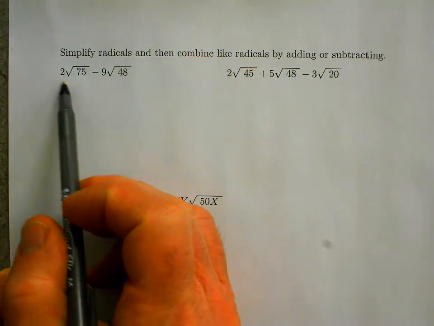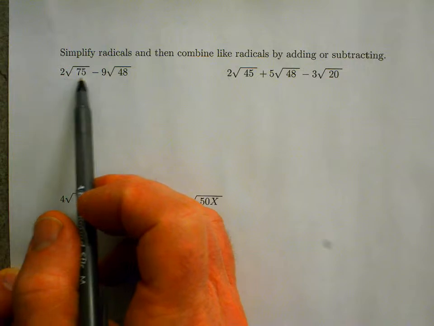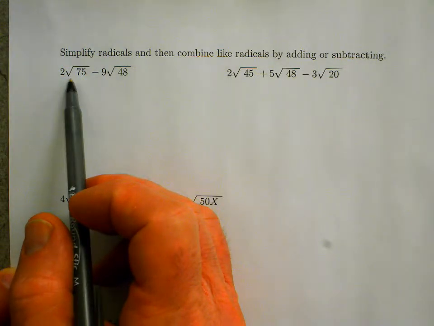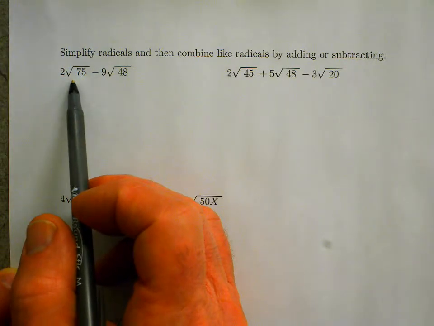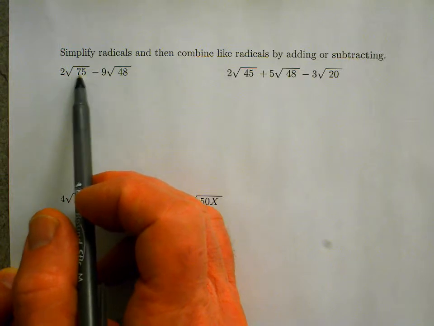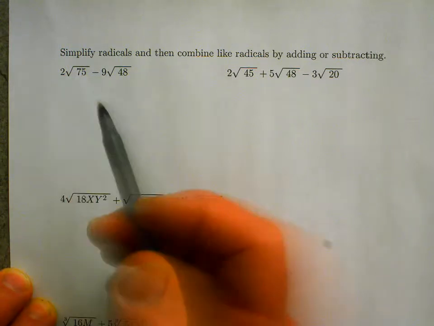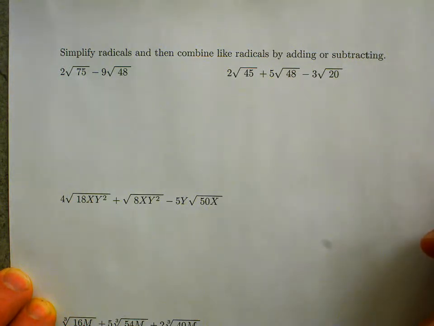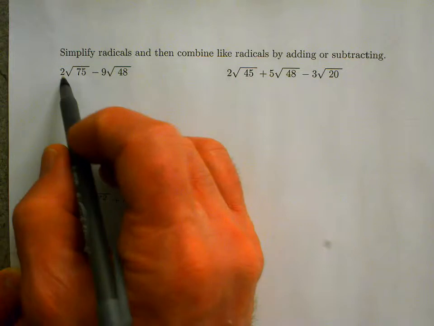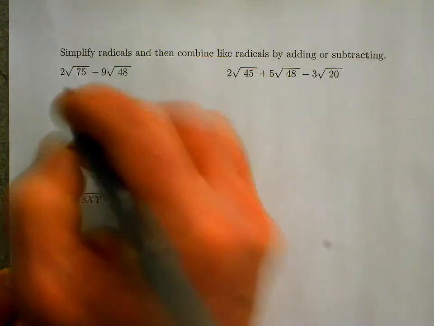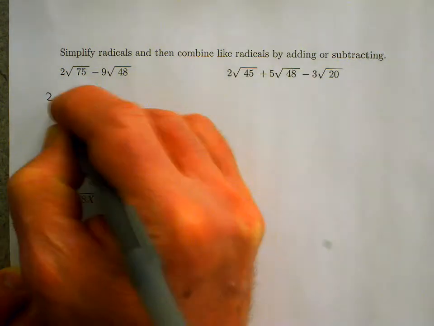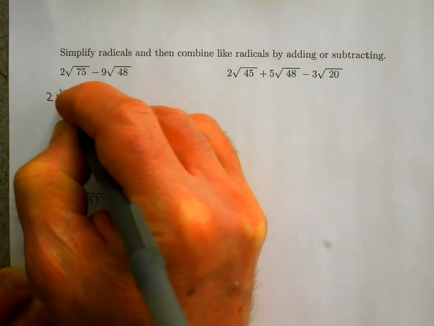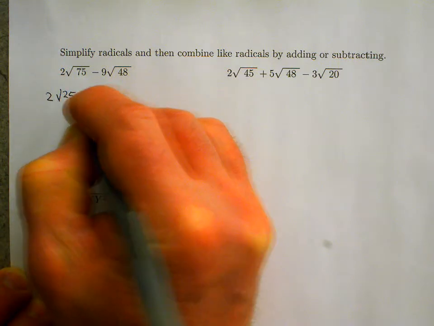Okay, so starting with 2 times the square root of 75, the largest factor of 75 that's a perfect square is 25. So rewrite 2 times the square root of 75 as 2 times the square root of 25 times 3.